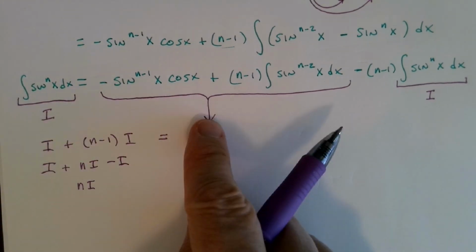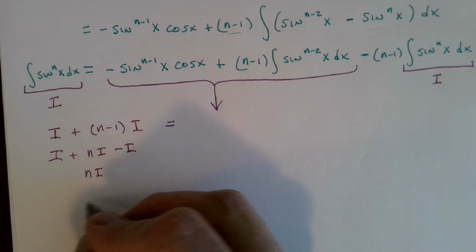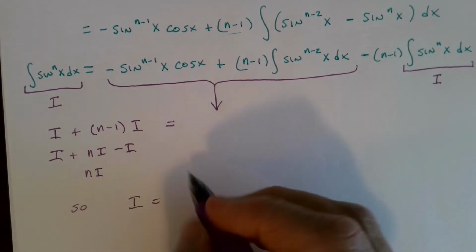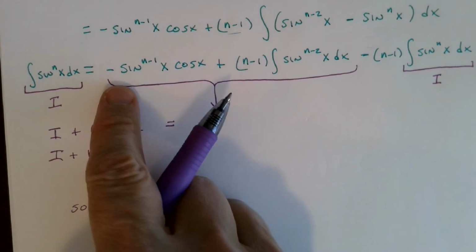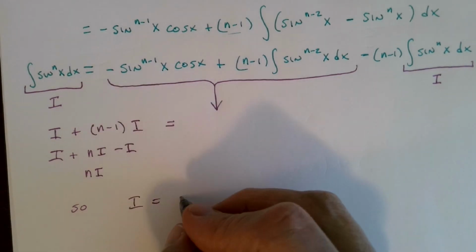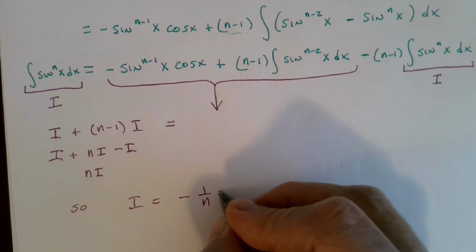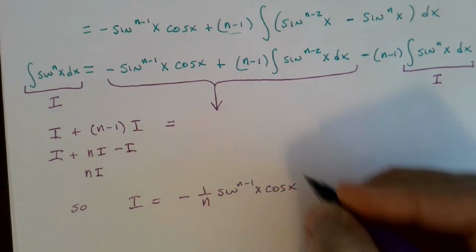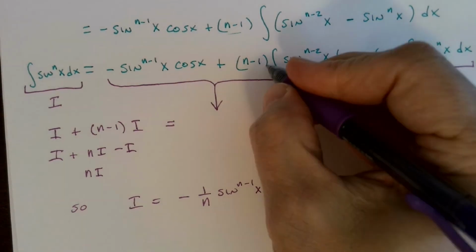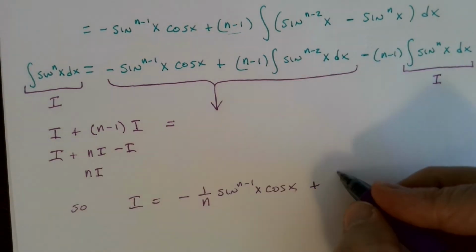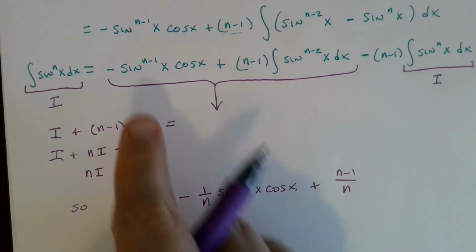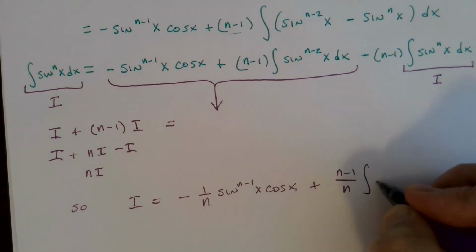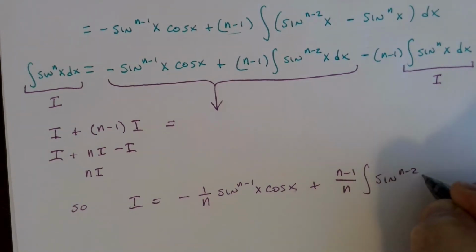So if nI is equal to this stuff, what's I equal to? It's 1 over n times this stuff. So let's distribute 1 over n. It's going to be minus 1 over n sine^(n-1) x cosine x plus n minus 1 divided by n, which is n minus 1 over n, since I have to multiply both things by 1 over n, times the integral of sine^(n-2) x dx.